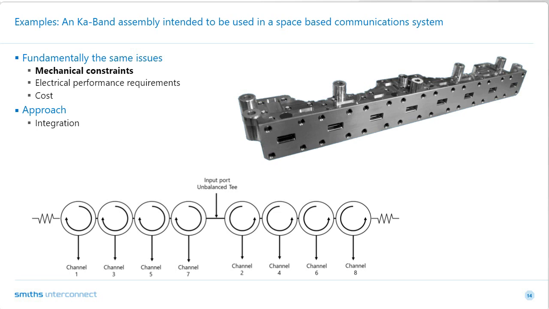And by putting it into a multifunction assembly, especially from a reliability and space qualifying environment, this package was overwhelmingly accepted versus the satellite systems end user putting these things together by themselves.